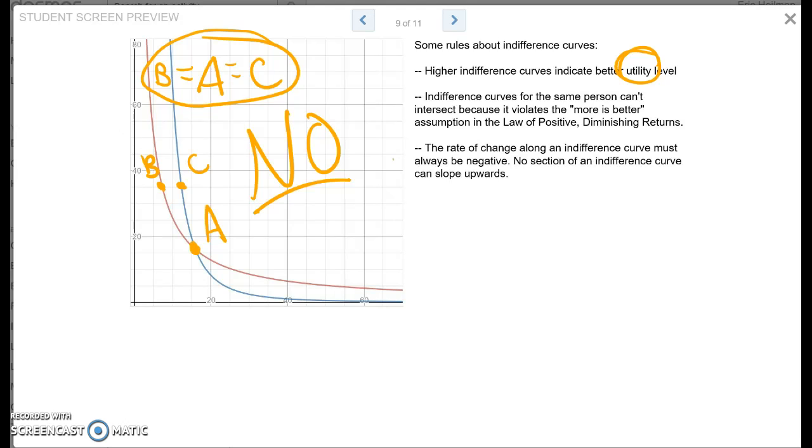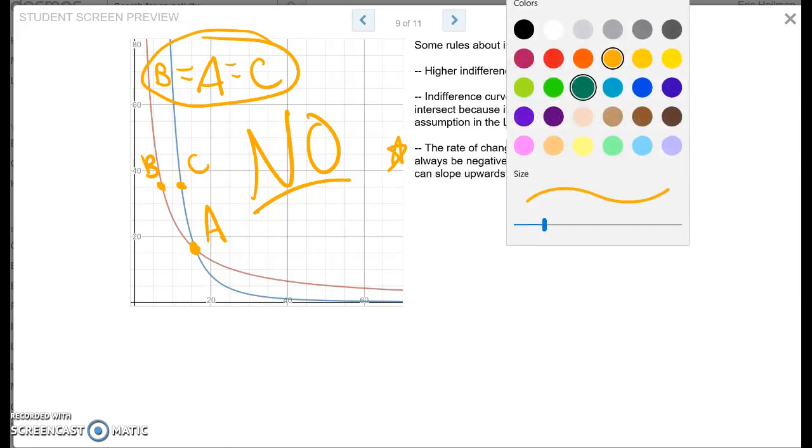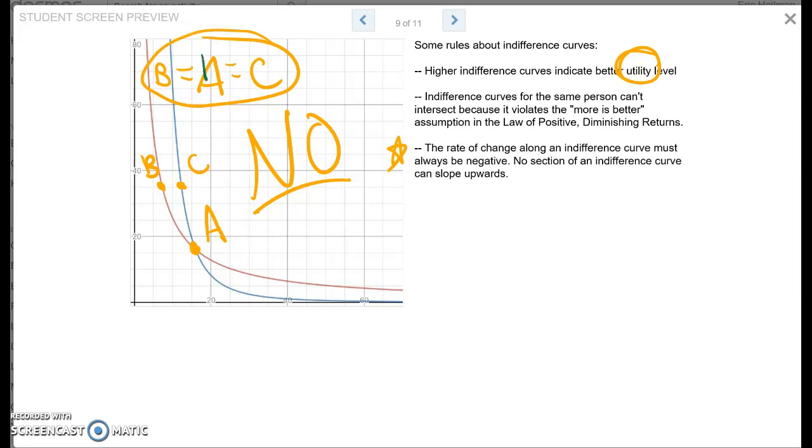Here, the third one says the rate of change or the slope along an indifference curve always has to be negative. No section of an indifference curve can slope upwards. If you were to think about what that would mean, let's say we had an indifference curve that looked like this.